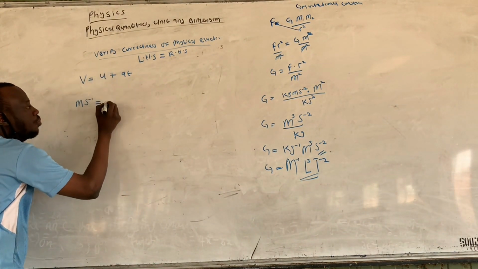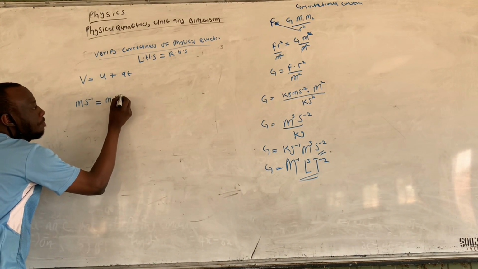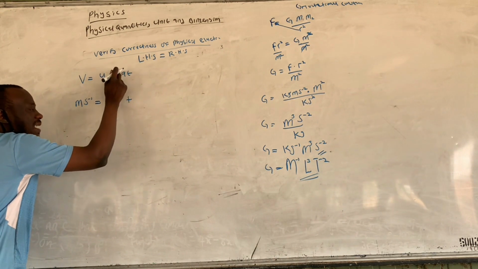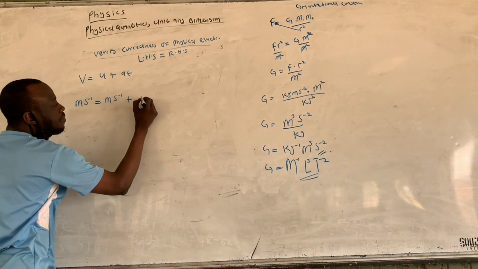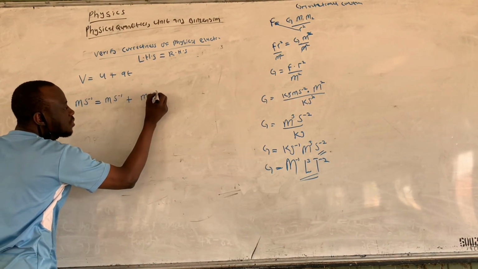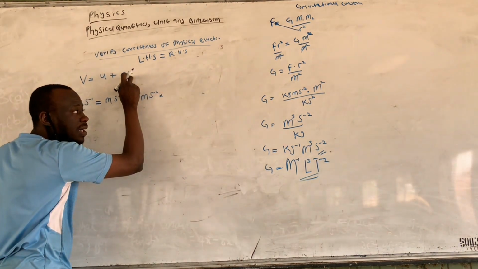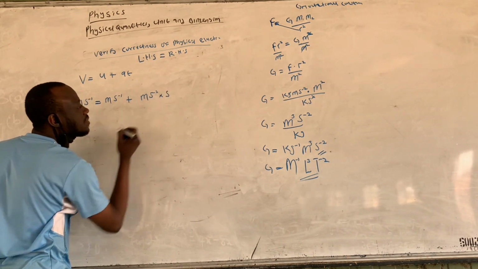This is the initial velocity, meter per second, plus acceleration, meter per second squared, times t, which is in second.